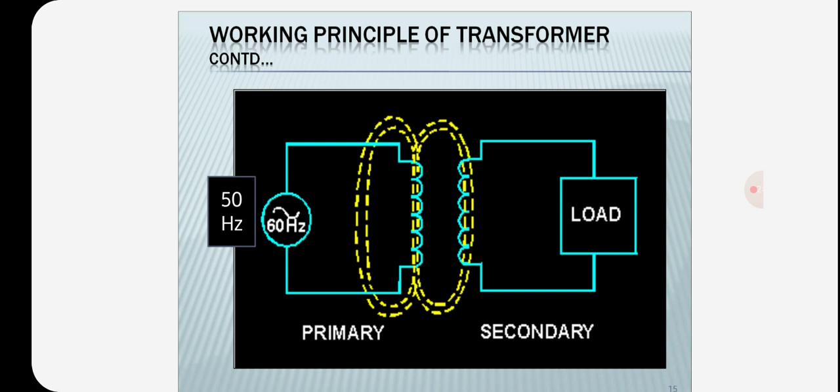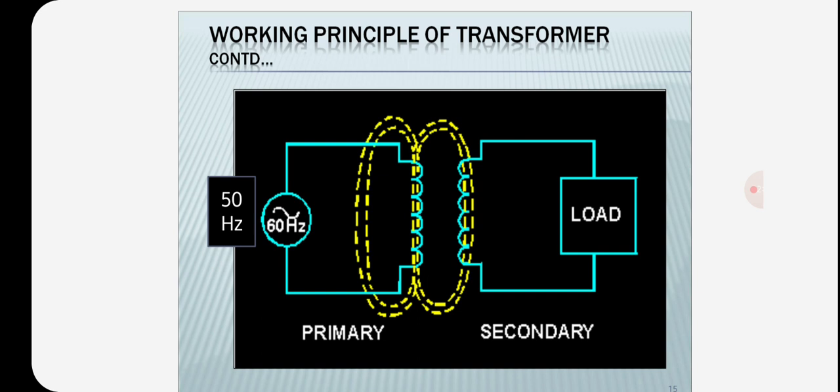When the primary winding is energized by the AC supply voltage, the current in the primary winding produces alternating flux, meaning changing flux, in the core. This alternating flux passes through the core.